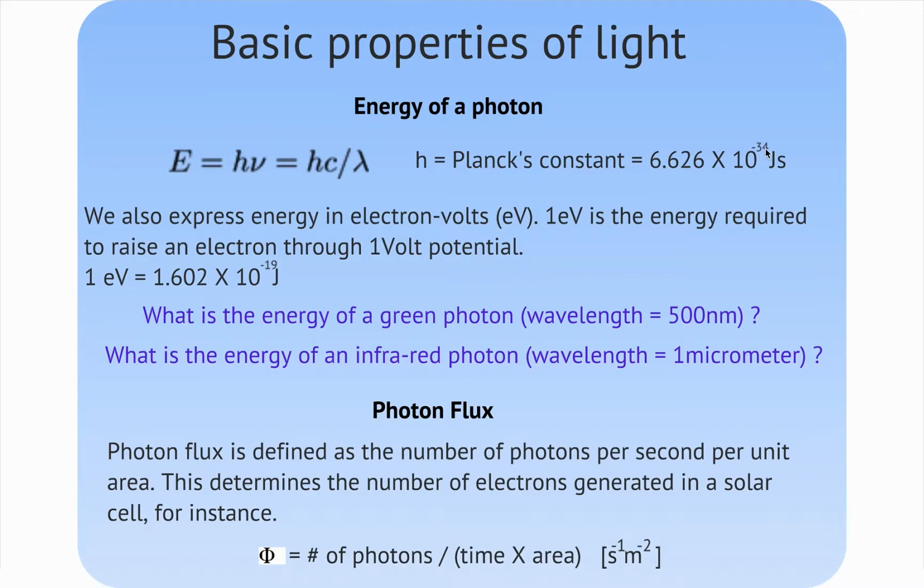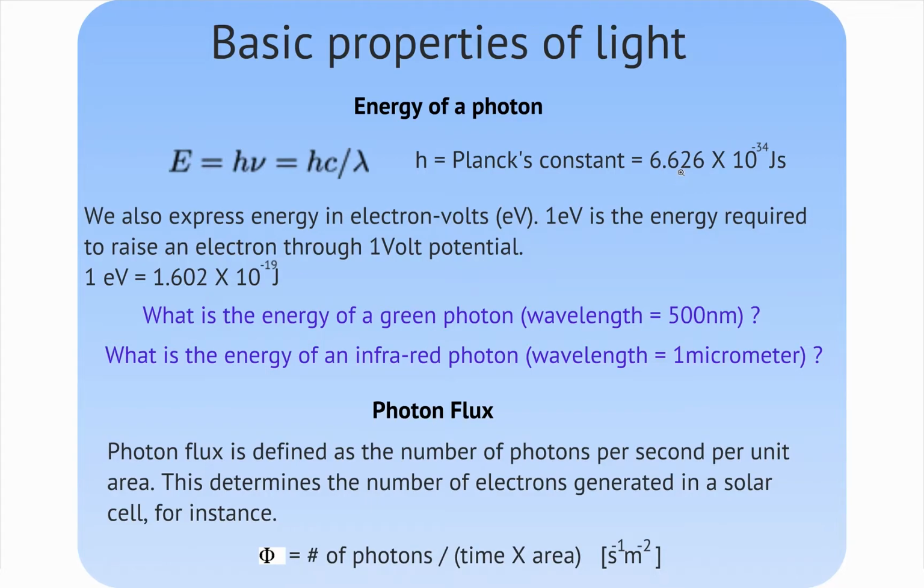So minus 34 times 8 is 10 raised to minus 26, divided by 10 raised to minus 9 is, let's see, 10 raised to minus 17. But then you have these two zeros, so 10 raised to minus 19.